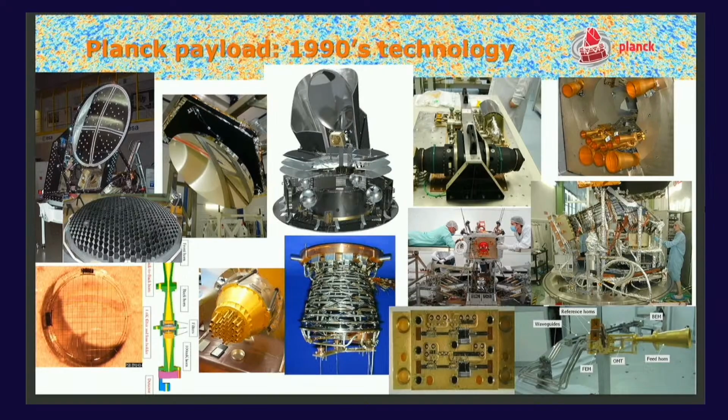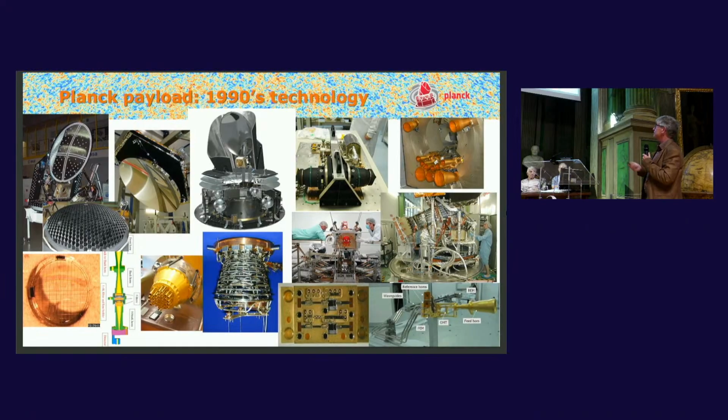Okay, so here's just a quick look at the payload of Planck in pictures, basically. So we had this Gregorian-style telescope, and it fed 2 instruments. One was based on bolometers, spider webs, but also polarization-sensitive bolometers.